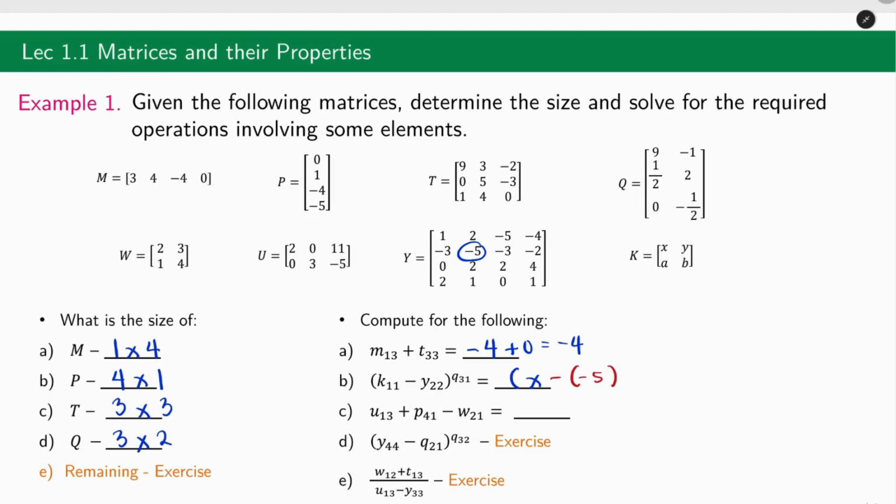Be careful with the sign. And then they have an exponent, Q sub 3,1, third row, first column. Inside we get x plus 5, all raised to 0. Take note that any number except 0 when raised to 0 is equal to positive 1. So this one is equal to 1.